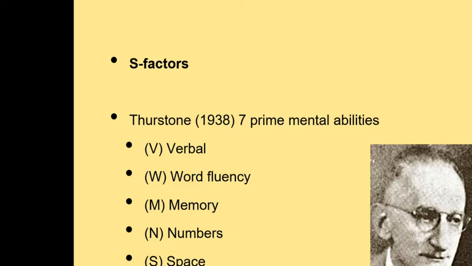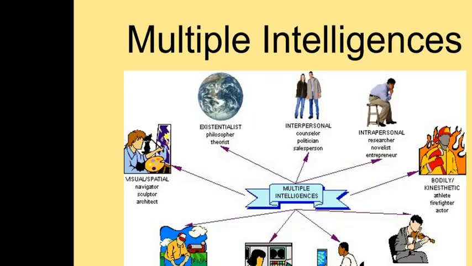Space is about two-dimensional and three-dimensional reasoning, so being able to work with objects in more than one dimension. Perceptual speed is about how quickly you can think, and reasoning is logical decisions. So Thurstone broke down that general score into 7 primary mental abilities, as he called them.